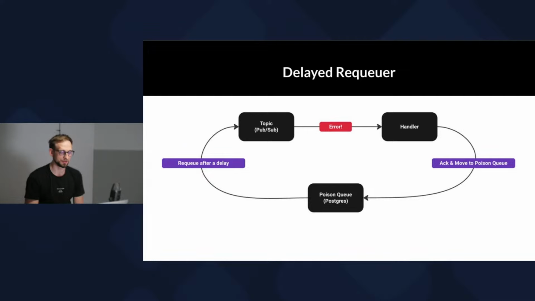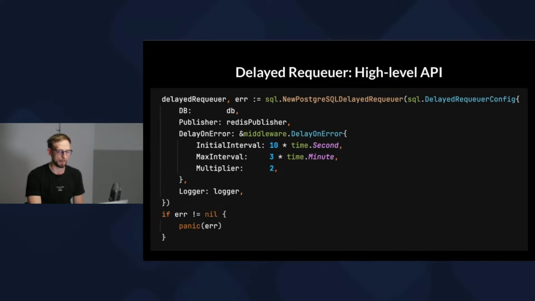To use it, we use a poison queue in the middle, which is like a temporary queue. For this release, it is based on Postgres, but it could be extended to something else, if you use another database, for example. So this is the high-level API.